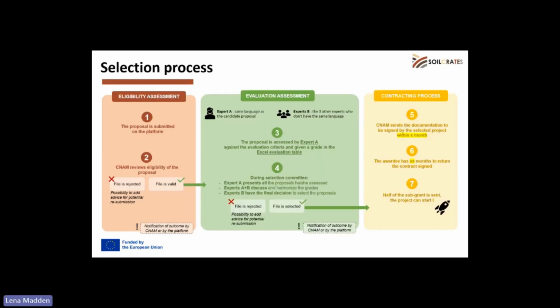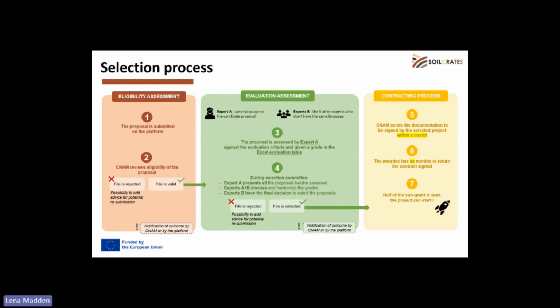So this is the selection process. First of all, when you submit your application, as Lara said, there's going to be an eligibility assessment, which decides if the project is accepted or rejected just based on eligibility criteria.